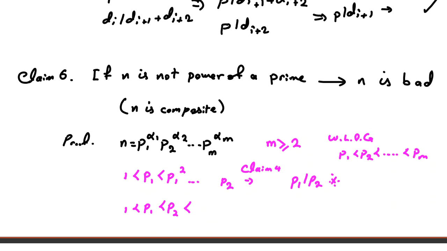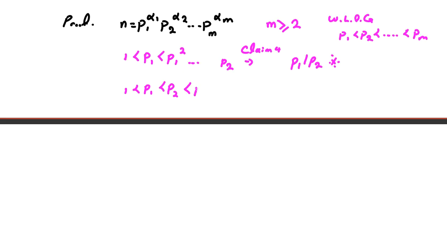Why? Let's check these cases. If it is a multiple of P1, P1 times something, P1s. Maybe it is P1 squared. If it is a multiple of P1, it has to be only P1 squared, because P1 times something, the smallest one is P1 squared. But maybe alpha 1 is 1. Okay, so because I want to prove all of them the same way, suppose it is P1s. Here we have P1s, or it is a multiple of P2, P2r, or if it is not a multiple of P1, not a multiple of P2, it has to be P3.